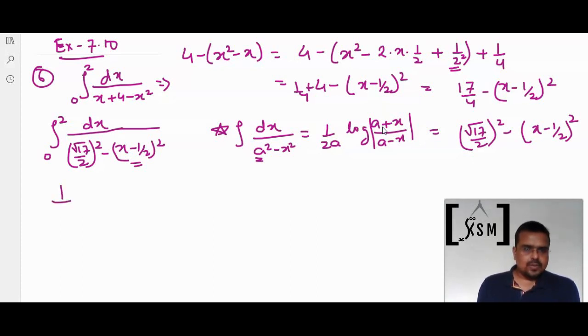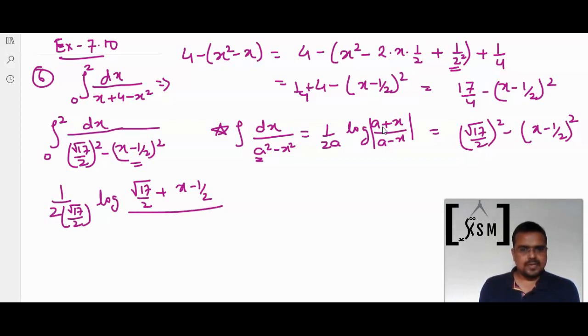So it is 1 over 2a, and a is root 17 over 2, times log of a plus x over a minus x.